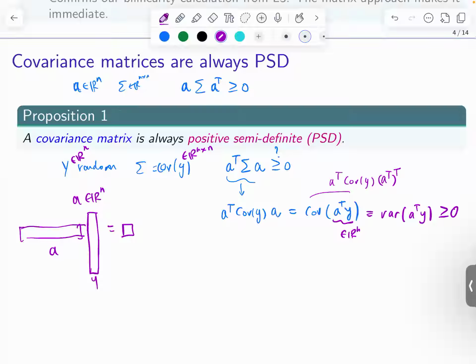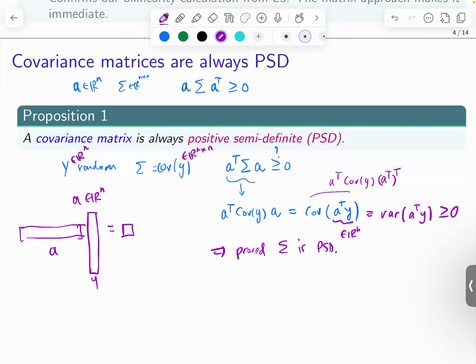So we proved that this quantity A transpose cov y A is always non-negative, because the variance of A transpose y is always non-negative. So this is true for any A, hence it proves that sigma is positive semi-definite.